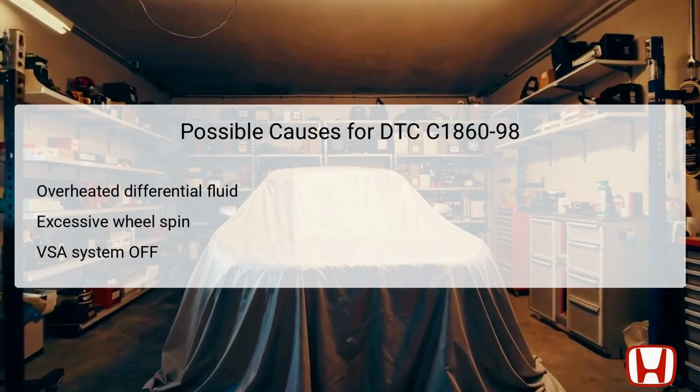Additionally, if the Vehicle Stability Assist (VSA) system is turned off, it removes electronic control over the vehicle, contributing to instability and potential overheating conditions. Recognizing these causes is crucial in the troubleshooting process to address the underlying issue effectively.